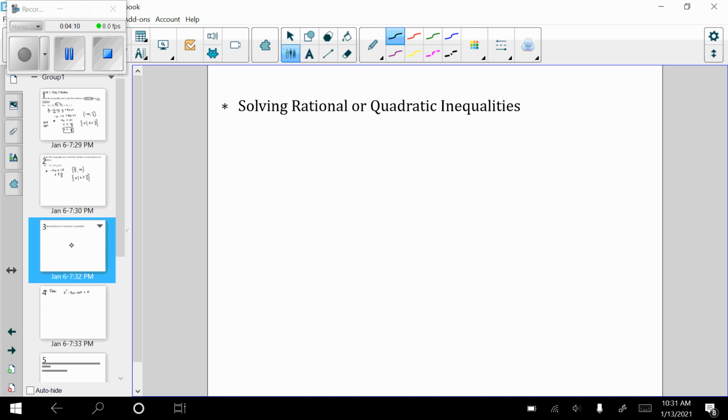Okay, so now when we solve quadratics or rationals, for quadratics, or basically any polynomial, I need to set equal to 0 and factor.